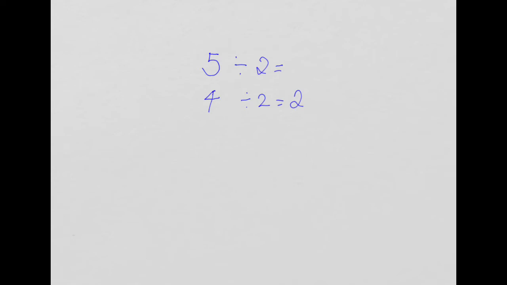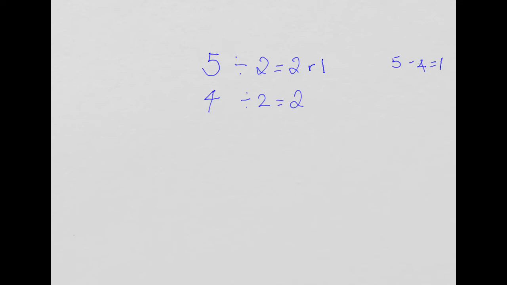What we now have to say is 5 take away 4 equals how many, Reese? It equals 1. And this 1 is left over. If we divide 4 by 2, we've got 1 left over from our 5. So this is 2, this is a letter R, 1.